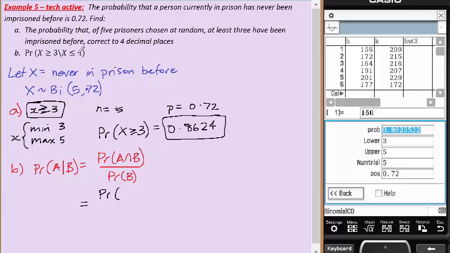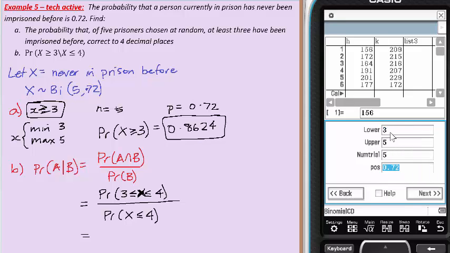So if it's greater than or equal to 3 and less than or equal to 4, this would be the probability that x is between 3 and 4, over the probability that x is less than or equal to 4. So let's find out those two pieces of information.